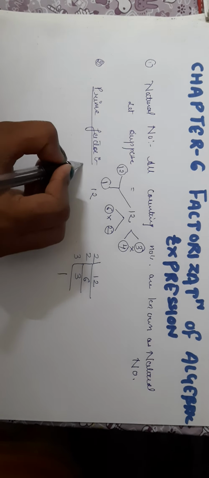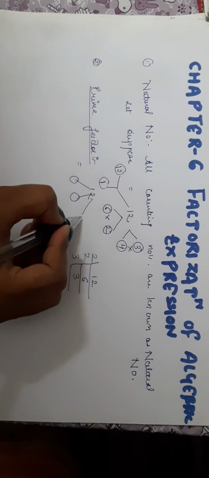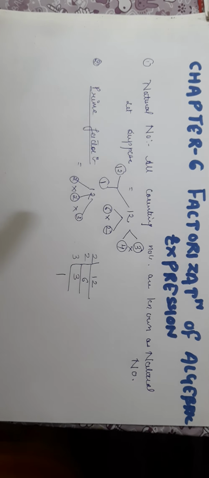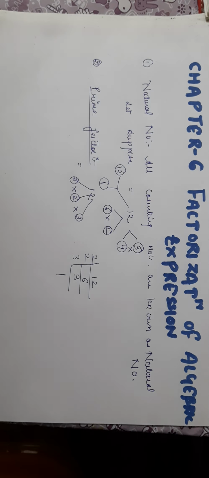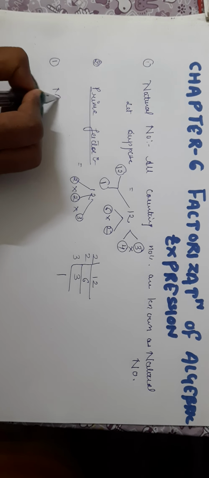So the prime factors of 12 will be 2 into 2 into 3. This is the method we are going to use in the first exercise, exercise 6a.